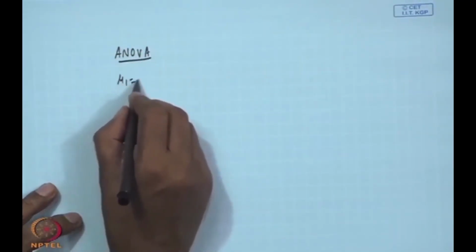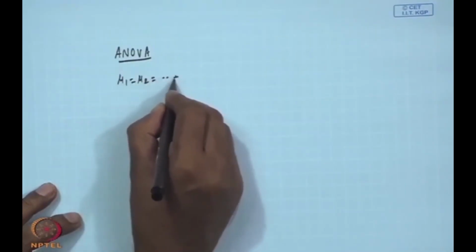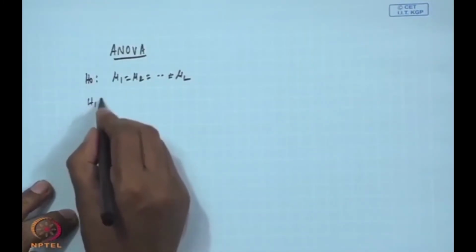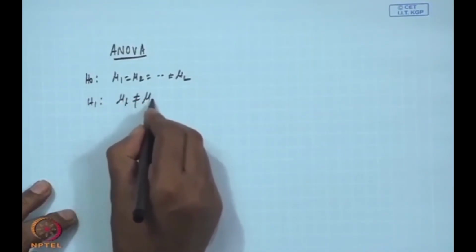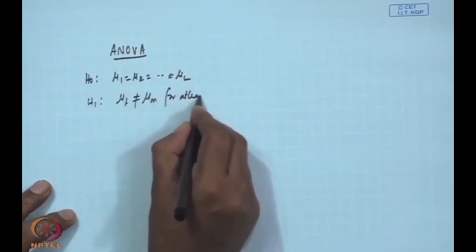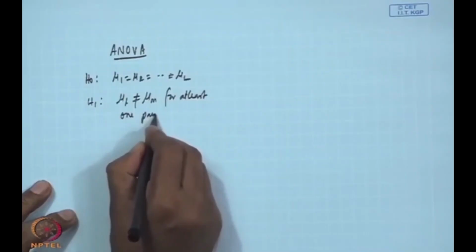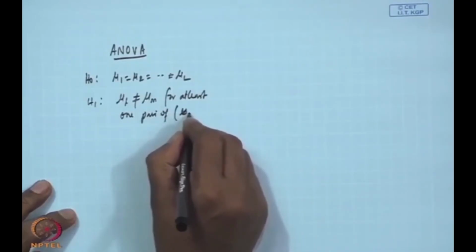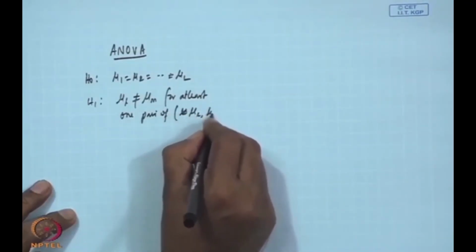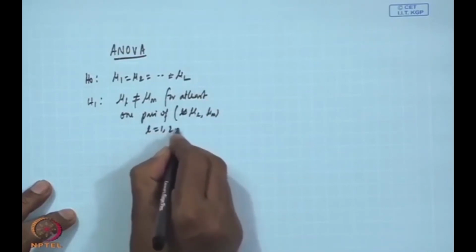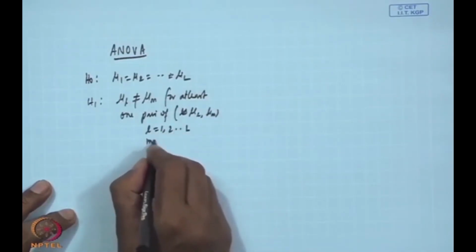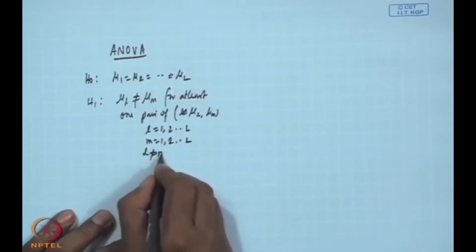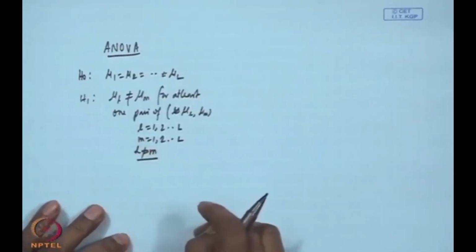You said mu 1 equal to mu 2 equal to mu L, that is your H0, and your H1 is mu L not equal to mu M for at least one pair of mu. One pair of mu means either mu L or mu M, L equal to 1 to capital L, M equal to 1 to capital L, and L not equal to M.